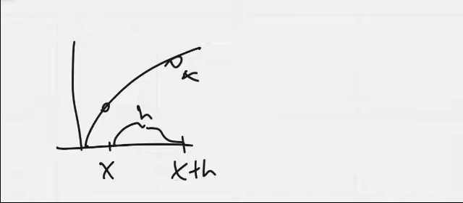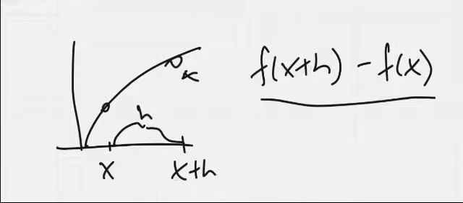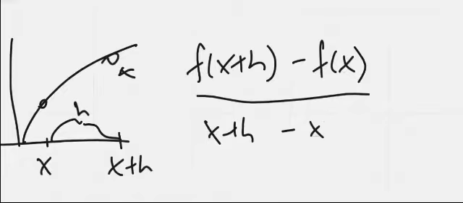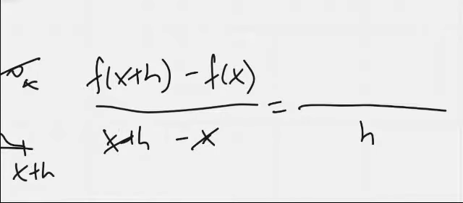And we know that f of x is basically just y, but in a different form. So we're going to do f of x plus h minus f of x over x plus h minus x. And after some subtractions, x minus x, they cancel out. We're left with h on the bottom, and nothing changes on top.